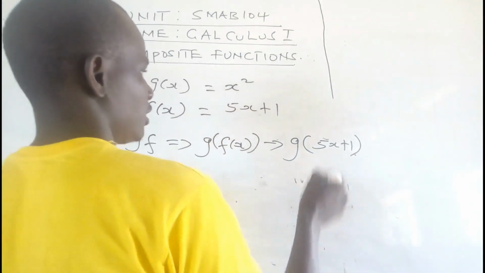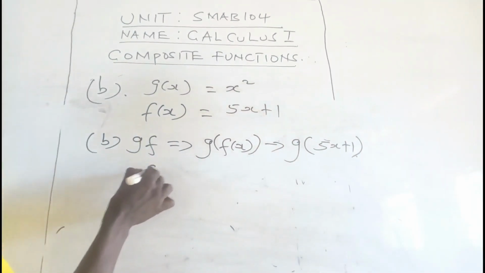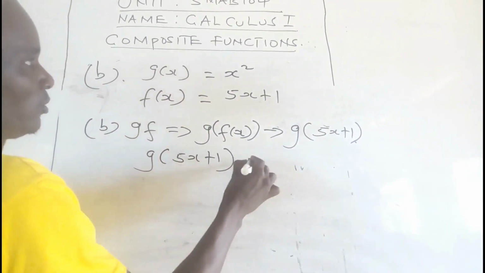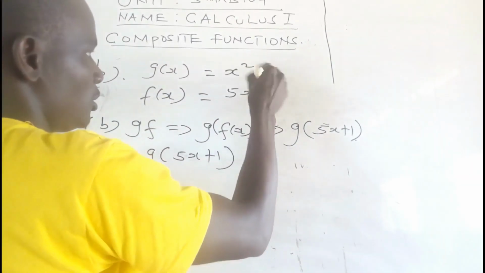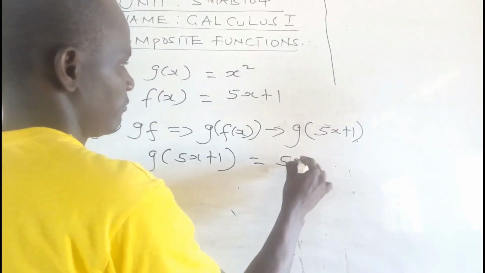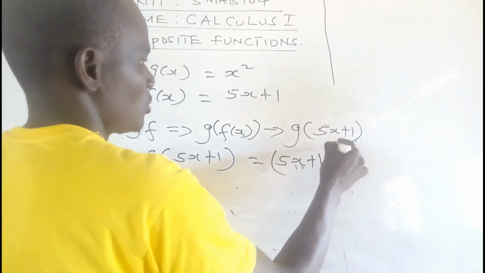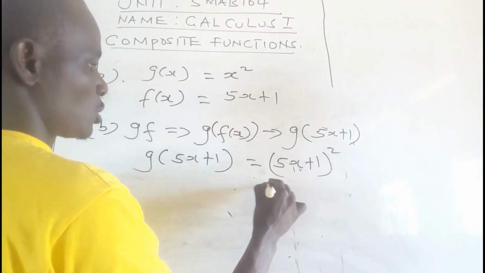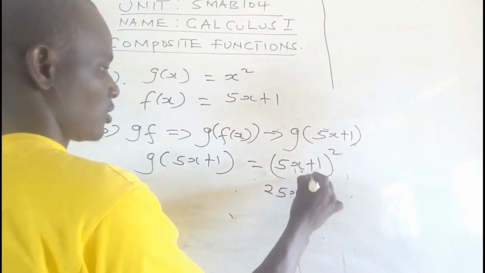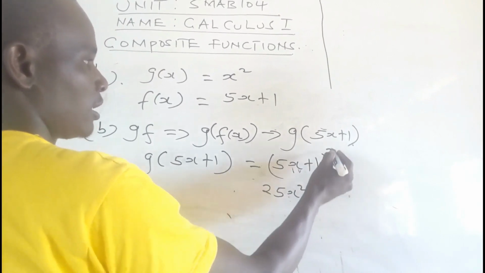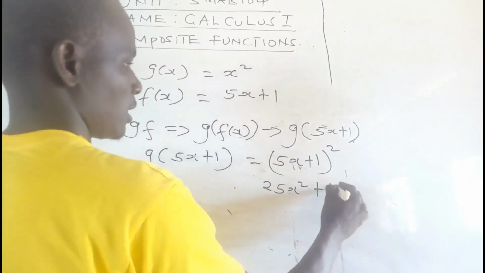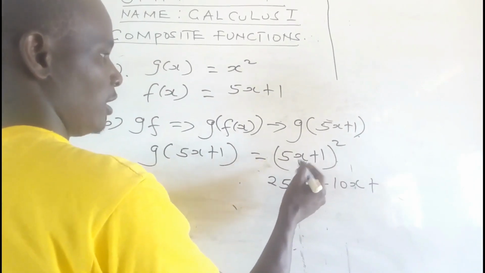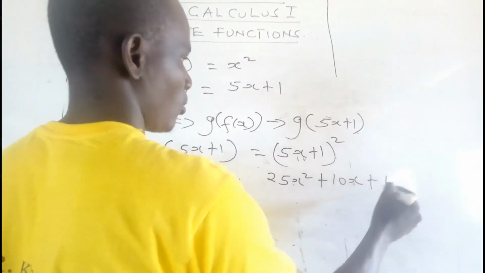If you plug that into g, this will give us g of 5x plus 1, which is equivalent to this squared, that is 5x plus 1 squared. If you square this, we'll get 5x squared, which is 25x squared, then plus this times this, which is 10x, that is 2 times 5x, then 1 squared, which is 1.